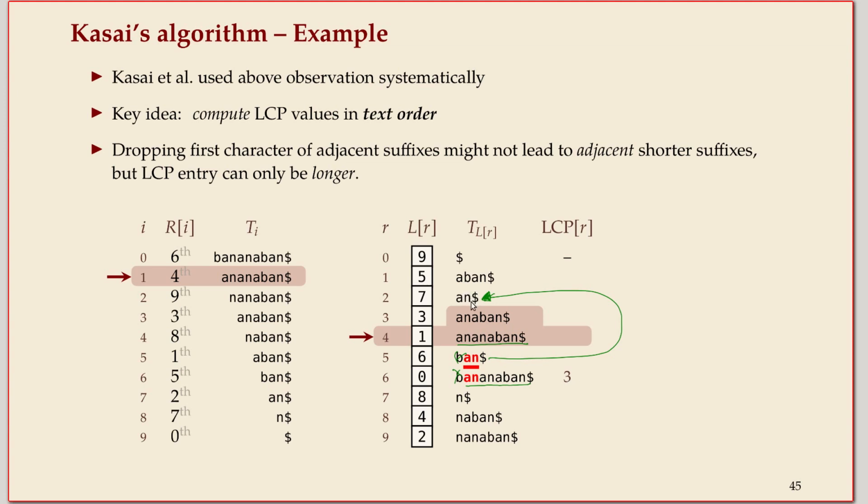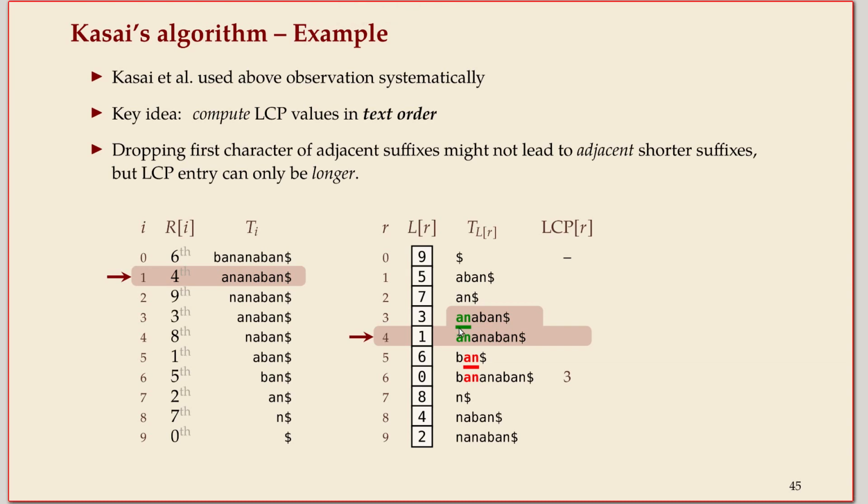But still, if those two share AN, all the strings in between must also start with AN. Because again, it's sorted order. If they were any different in these first 2 characters, then they wouldn't be at this position in the sorted list. That's the insight we need for Kasai's algorithm.